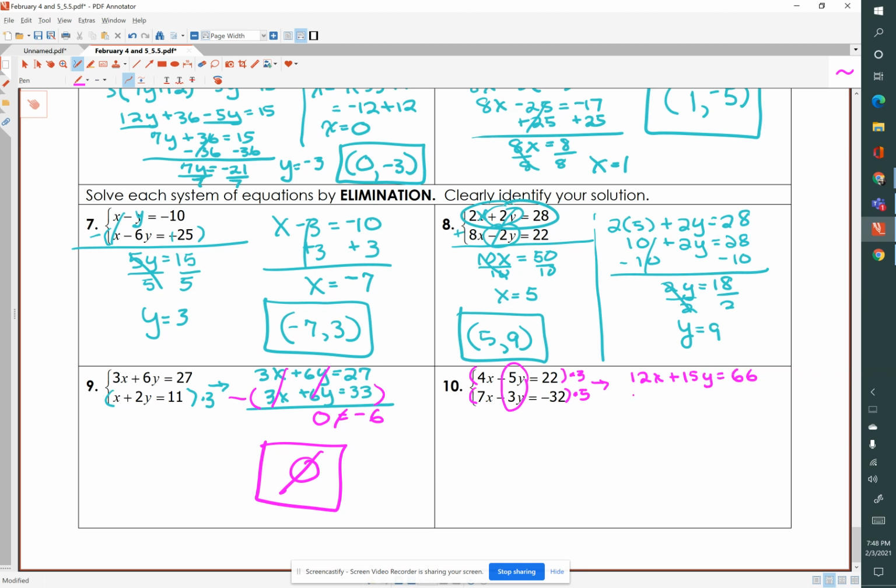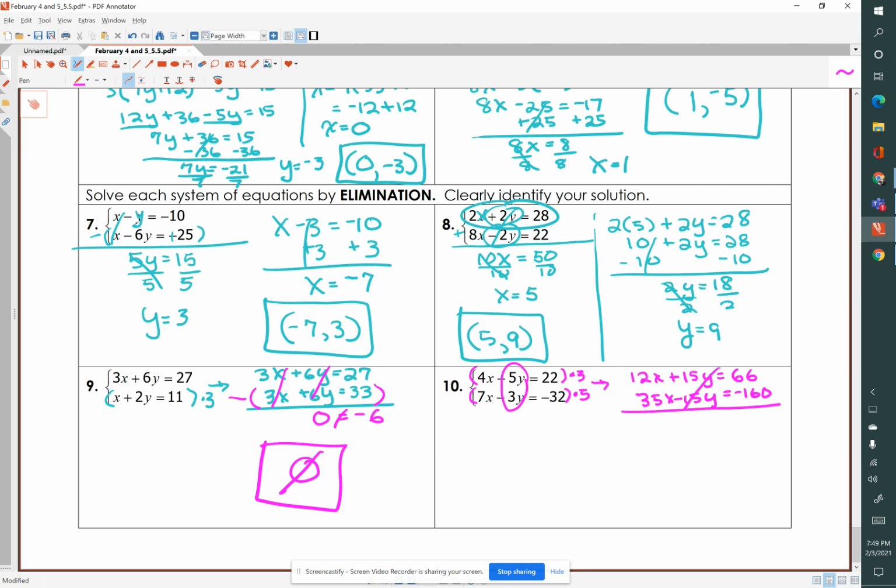And the second equation, 7 times 5 is 35x minus 15y, because it's negative 3y, equals negative 32 times 5, which is negative 160.